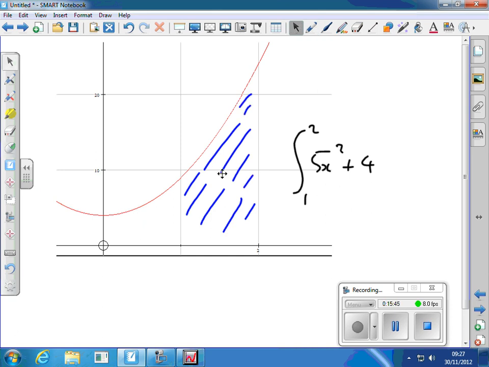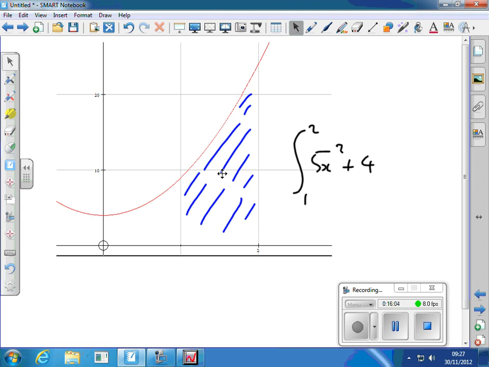And to do it, I integrate the function using the table of standard integrals, and then put 2 in for x, work out what that is, 1 in for x, and then take the bottom limit away from the top limit, and that will give me this area underneath the curve.